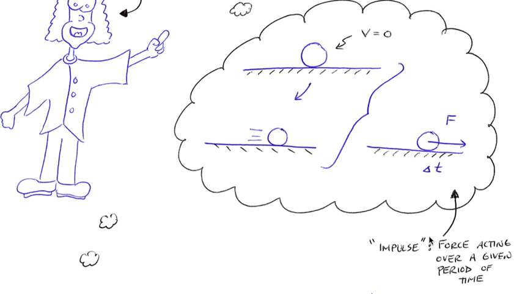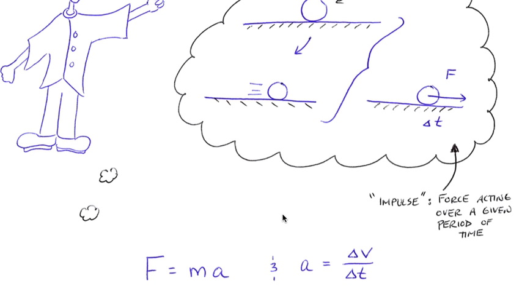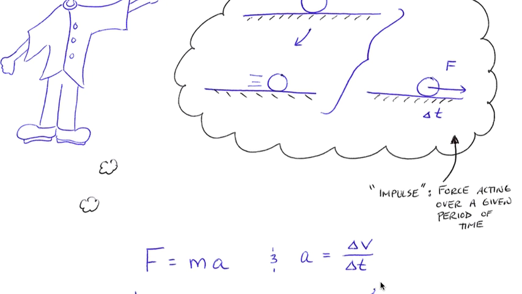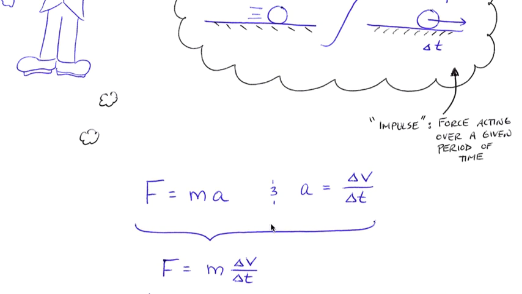It's important to realize that that impulse is not just the force, it's the force acting over a certain amount of time. He then also took a look at his second law and realized that if F equals ma, and we know from kinematics that acceleration is just change in velocity over change in time, well, he could replace that a value with just delta v over delta t, the definition of acceleration.